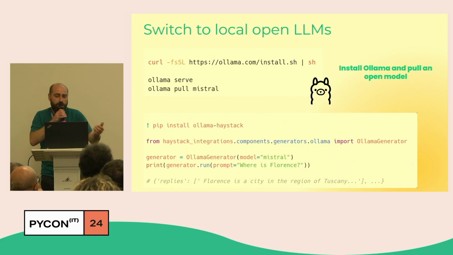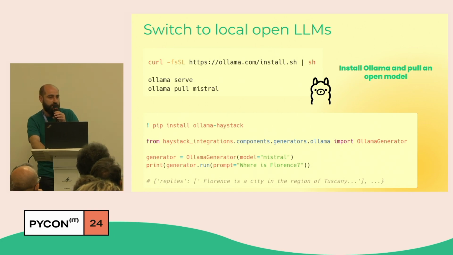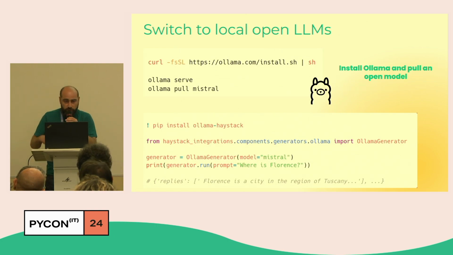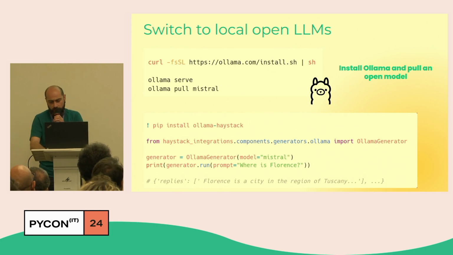Maybe it will be slow, but it's good. It has an integration with Haystack, so in this code we are importing an Ollama generator, specifying the Mistral model. We could also use the more recent Llama 3, Phi3, whichever open model you want. And we ask the same question, where is Florence? And we get a nice response.